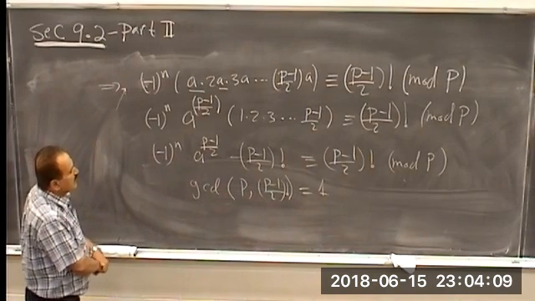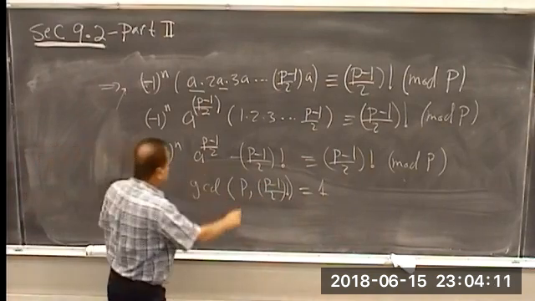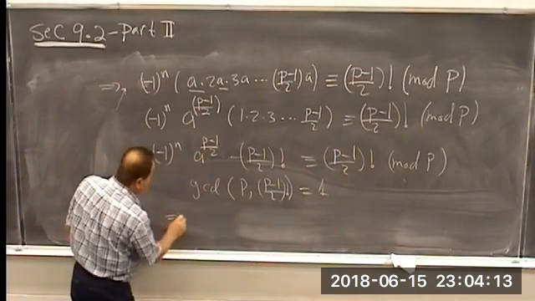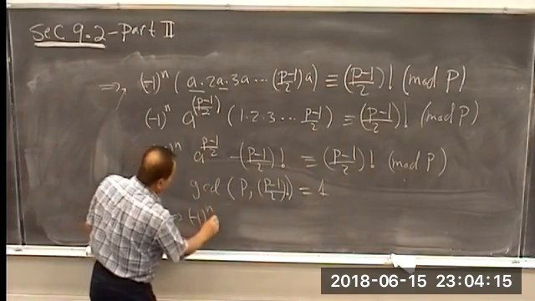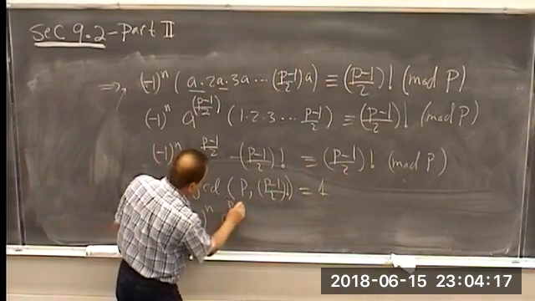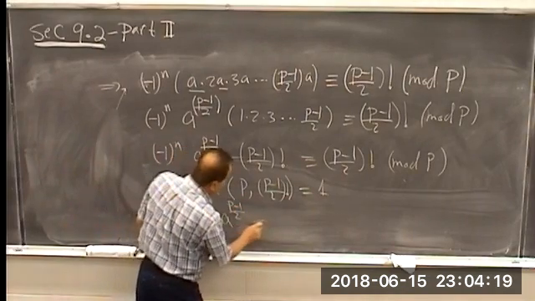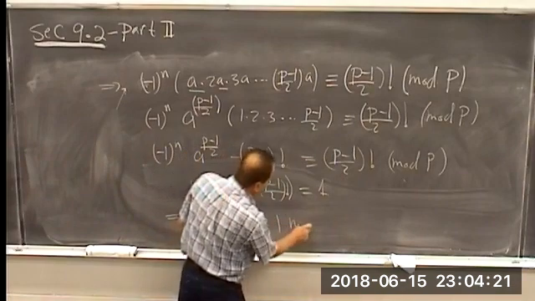Which means we can divide. So we can divide by this, and this implies (−1)^n a^((p−1)/2) is congruent to 1 mod p.